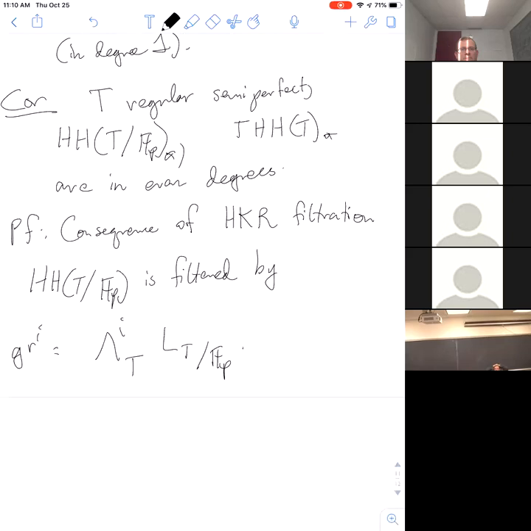But now the cotangent complex of T over Fp is given by the suspension by one of a finitely generated projective module, just an ordinary finitely generated projective T-module, and then you suspend it by one.